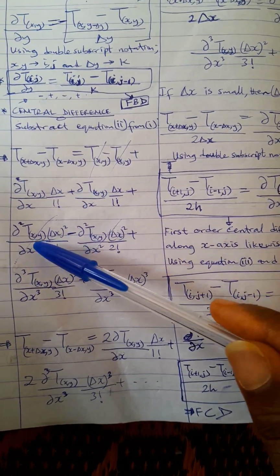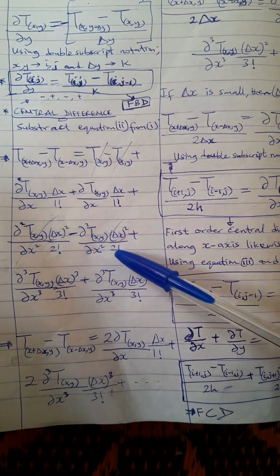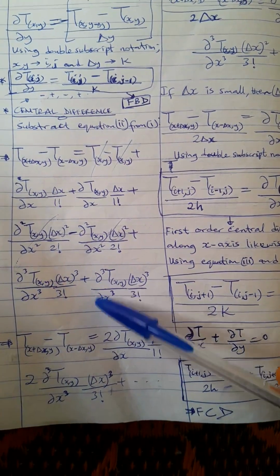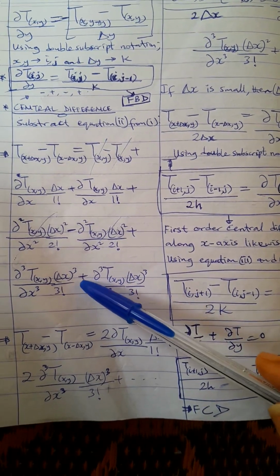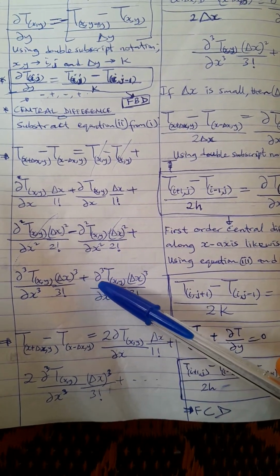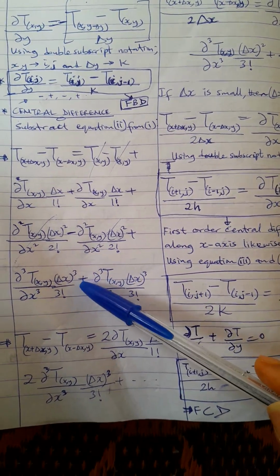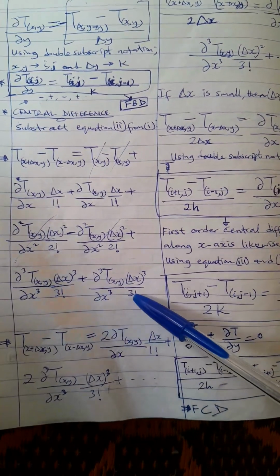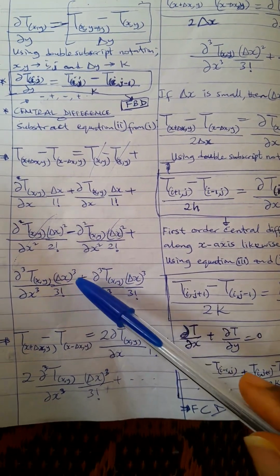For this one, from equation 1 minus the square from equation 2, plus the cube from equation 1, plus minus the third one in equation 2. The third one is also minus 1, also negative because we are multiplying by minus 1 to the power 3. That's why, because we are subtracting it from equation 1. This one is for equation 1 and this one is for equation 2. The minus in front of equation 2 now turns it to positive here.